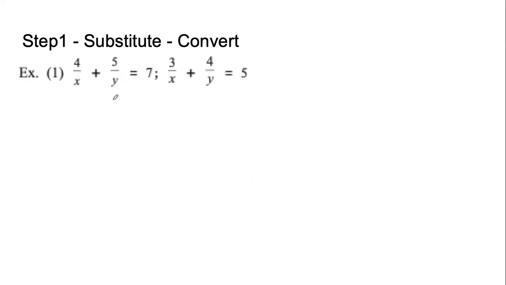Now, if we number the equations as number 1 and number 2, I can write equation number 1 as 4 into 1 by x plus 5 into 1 by y equals 7. Need confirmations? I'm just simplifying.